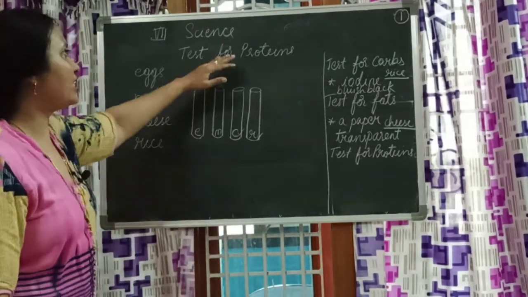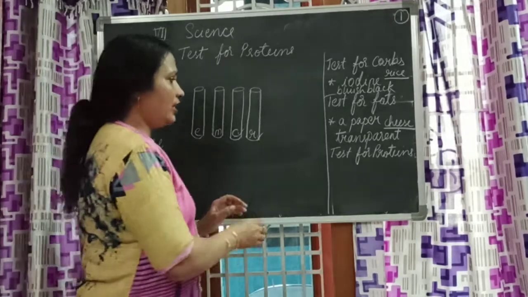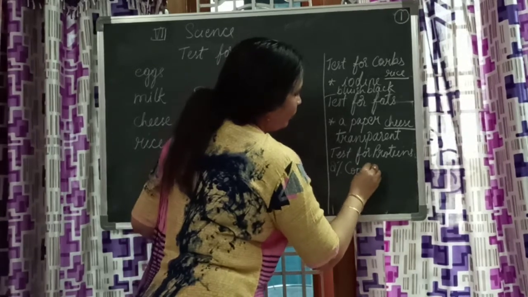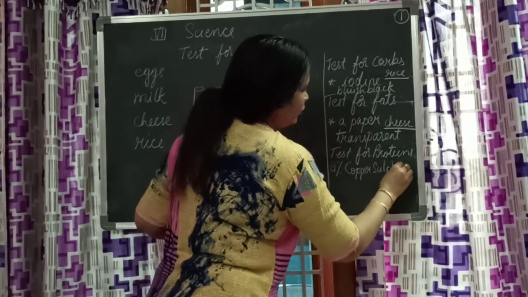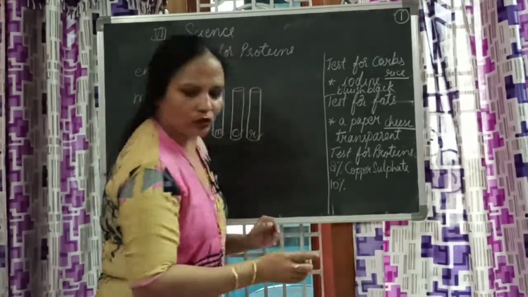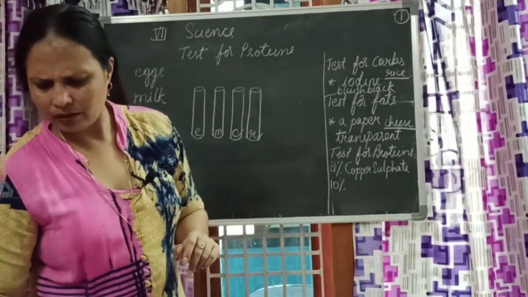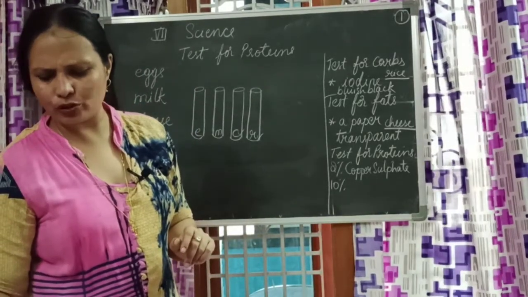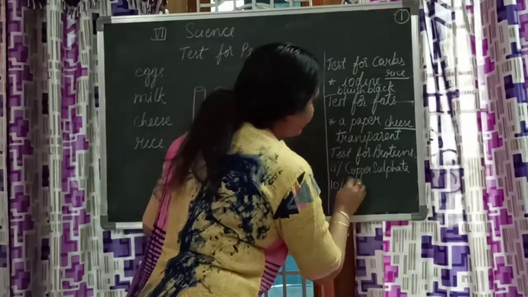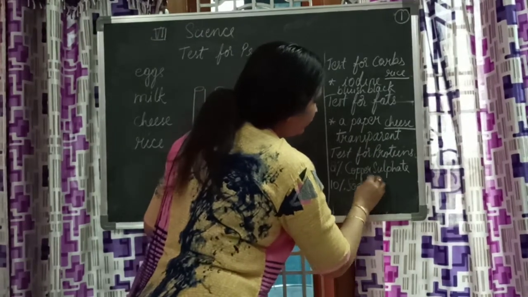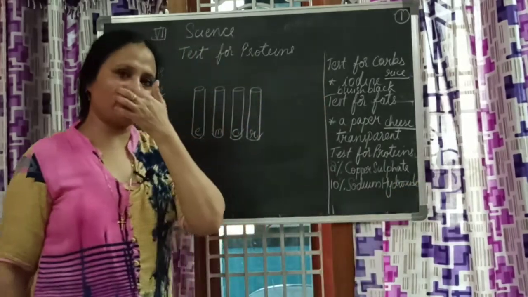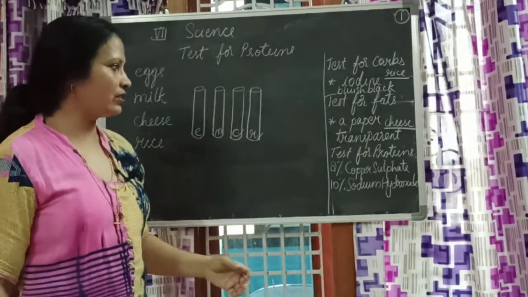So for proteins, what we need is 2% of copper sulfate solution, CuSO4, and 10% of sodium hydroxide solution. Directly you don't get 2% of copper sulfate and 10% of sodium hydroxide.